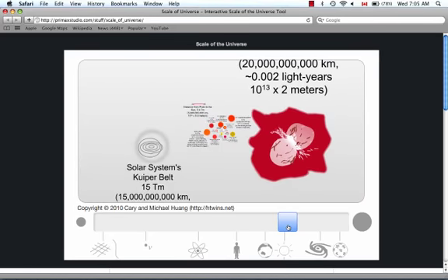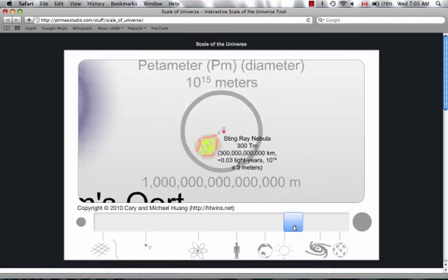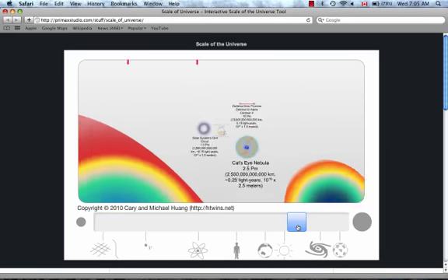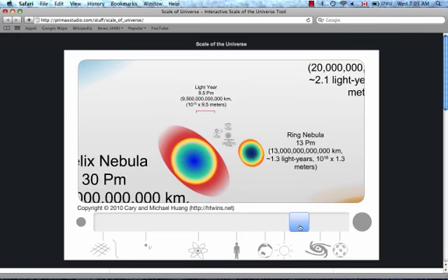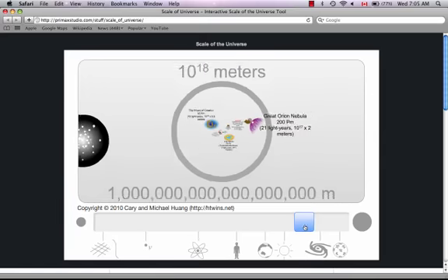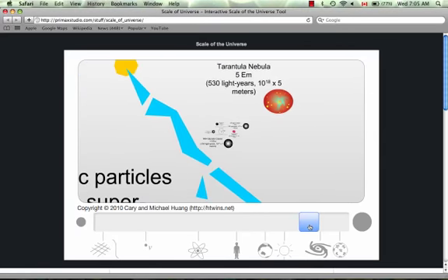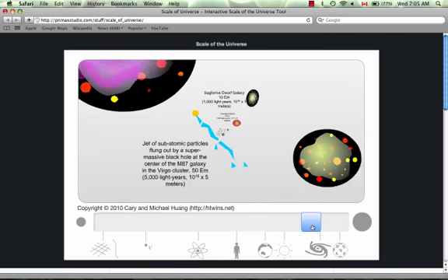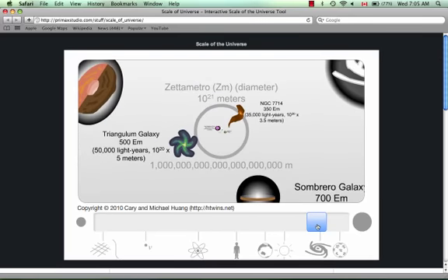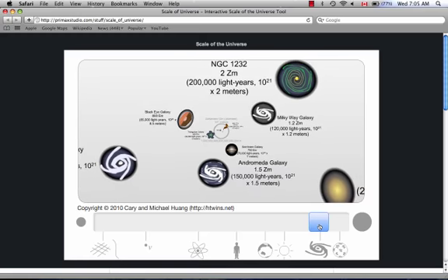Now we can deal with solar systems and then nebulas. There's the Cat's Eye Nebula, different nebulae. Clusters of stars. Zooming out, galaxies now, so we're getting large galaxies.